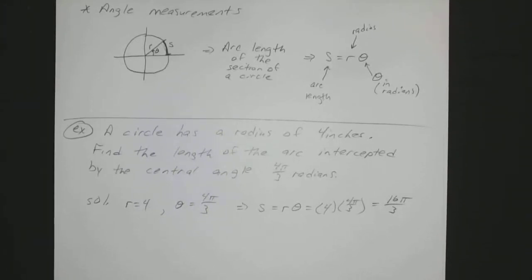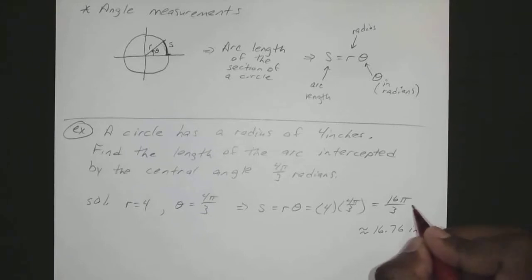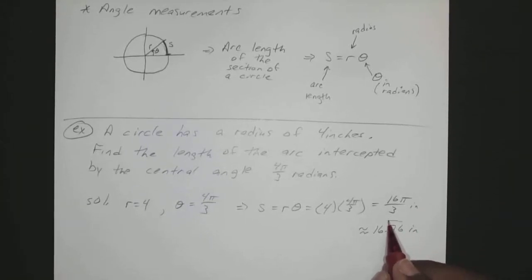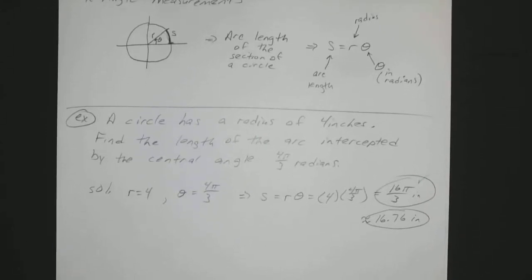But if on the homework they put it into decimal form, it would round to about 16.76 inches. But on the exam, this would be how you would write it. All right, any questions on that one?